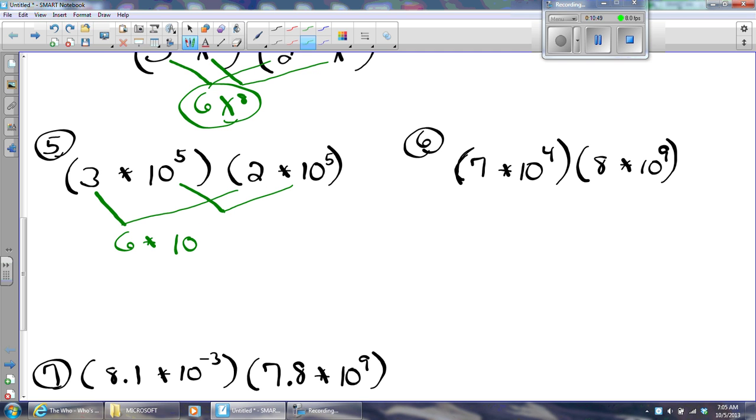Wouldn't that be 10 to the 10th? And there you go. I should check and make sure that the decimal part of my number is in scientific notation. Is that 6 greater than or equal to 1 and less than 10? Of course it is. So this is done.